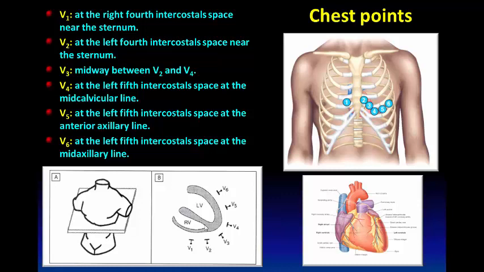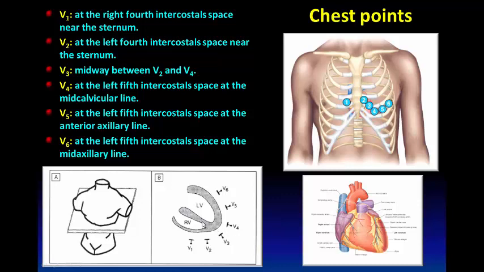So if the active electrode is placed at V1, it would be recording the electrical activity of the anterior wall of the heart. Similarly, if the active electrode is placed at V2, it would be recording the electrical activity of the anterior wall of the heart. If it is placed at V5 or V6, it will be recording the electrical activity of the anterolateral wall of the heart. And V3 and V4 will be recording the anteroseptal.